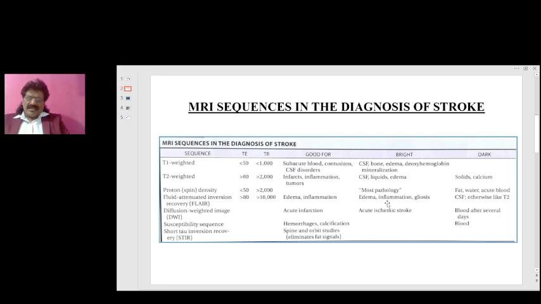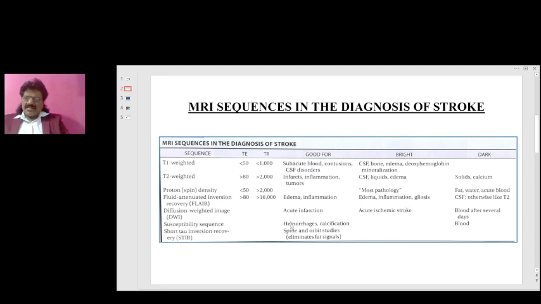So the signal appears bright for acute ischemic stroke. So if you do DWI, it appears bright, but after several days it may appear dark. But initially, as they present with stroke, the best MRI sequence for acute stroke is diffusion weighted imaging, DWI, and it appears bright. The acute ischemic stroke appears bright.